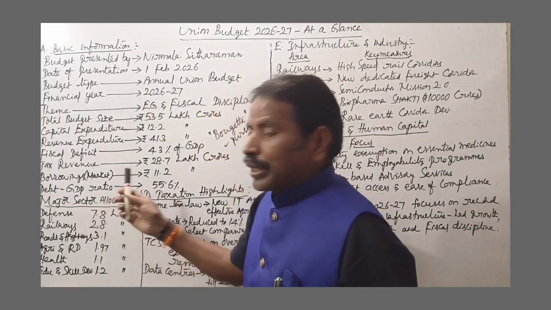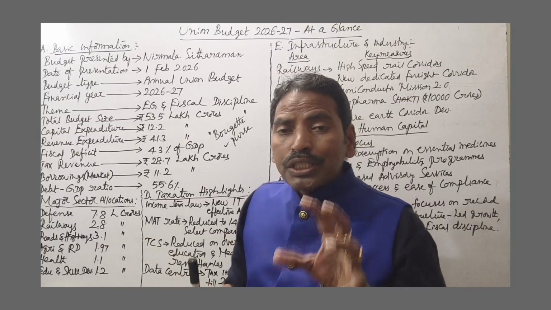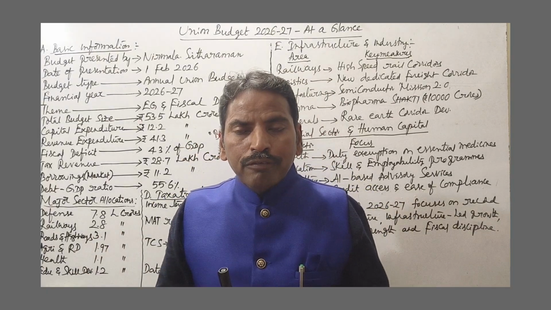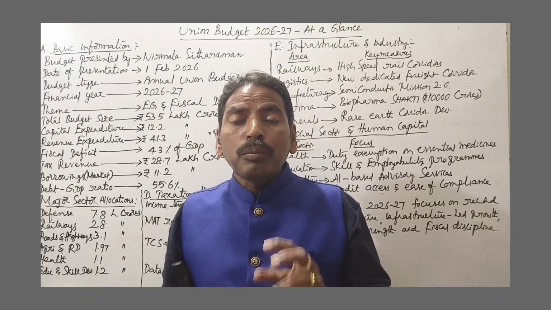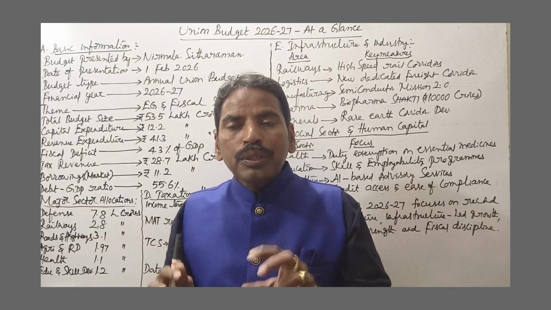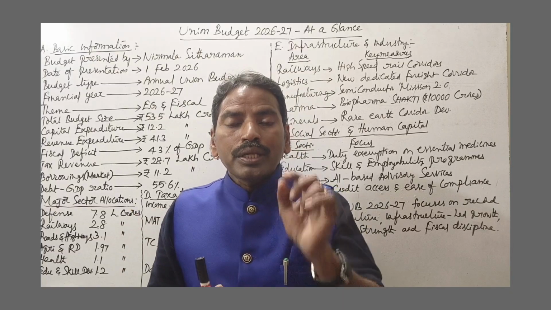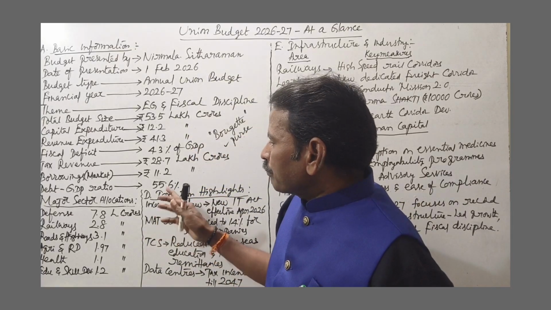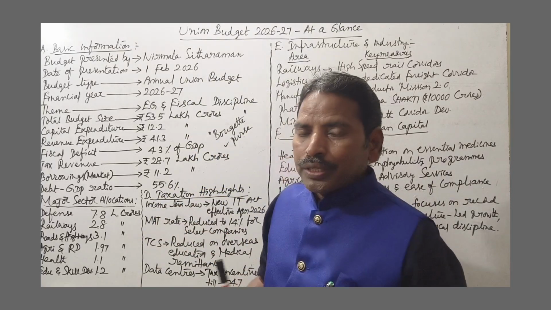Debt GDP ratio. Debt GDP ratio means the percentage of the country's total public debt compared to its GDP. That is called debt GDP ratio. That is 55.6%.